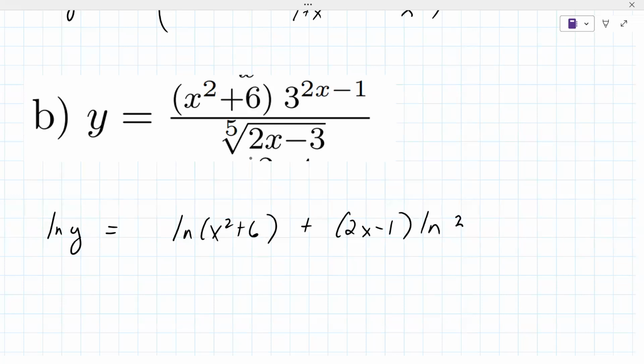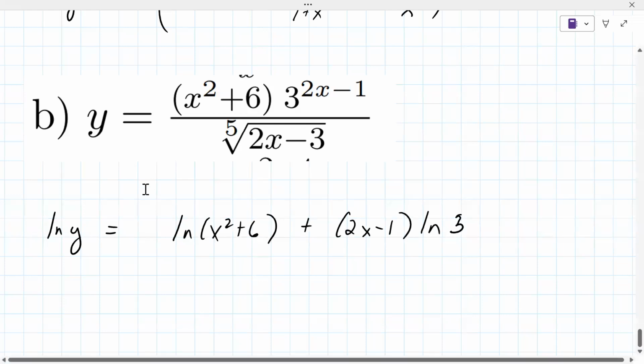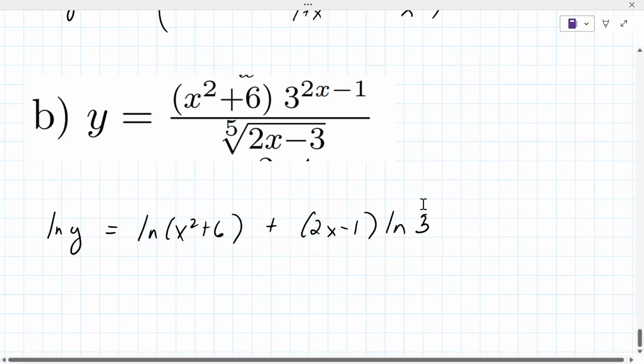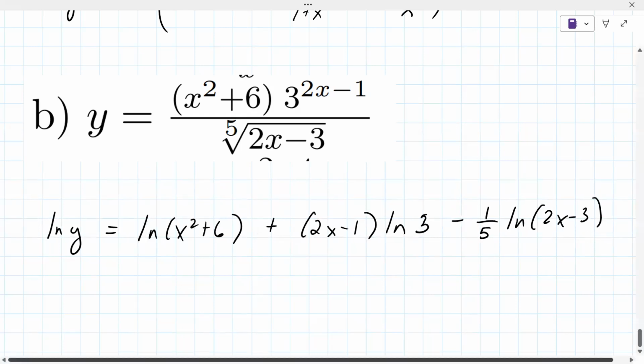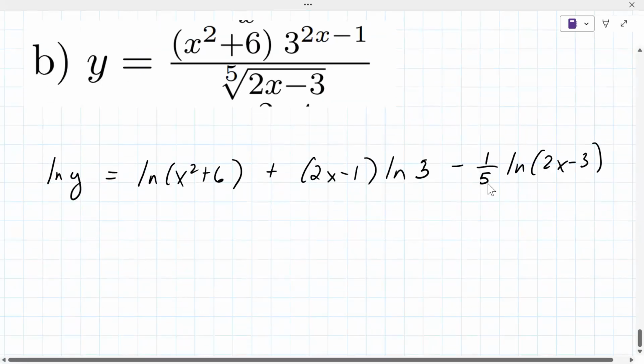So that will come out in front. Very important, but it's in parentheses. But ln of 3. And then minus 1/3 ln of 2x minus 3. And then we're just going to take the derivative of that. I heard a 3 instead of a 5 here. Oh, yeah, 5.